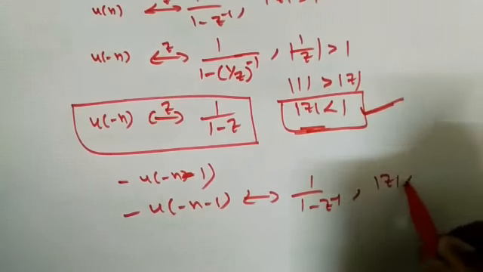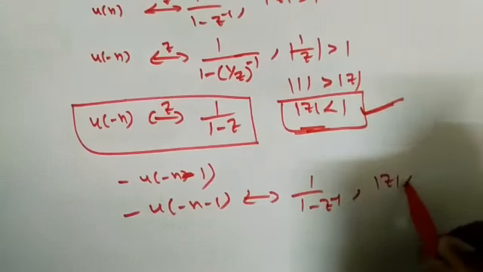There is no 2, so it will become 2 times cos omega naught into z inverse plus z inverse squared, and the ROC is mod z greater than 1. So this is the X of z, right? So remember, whenever there is a cos omega naught n u of n, we can directly remember what the z transform is.